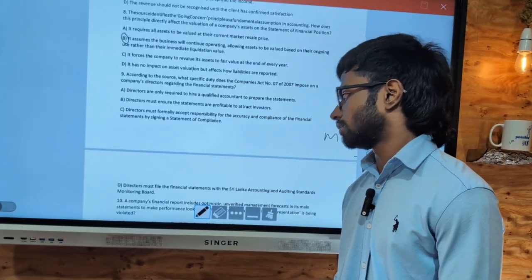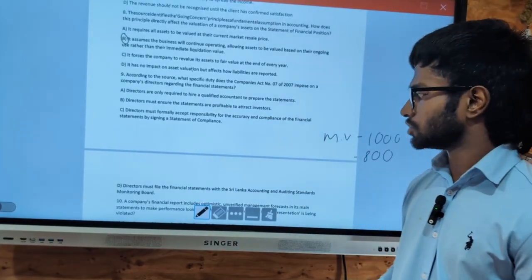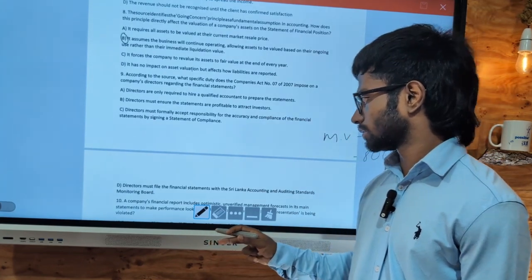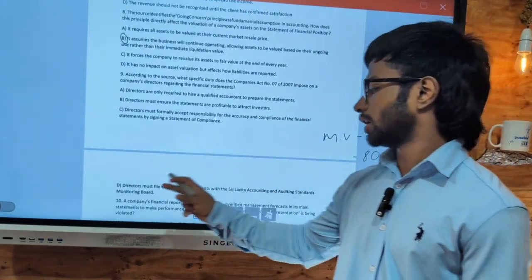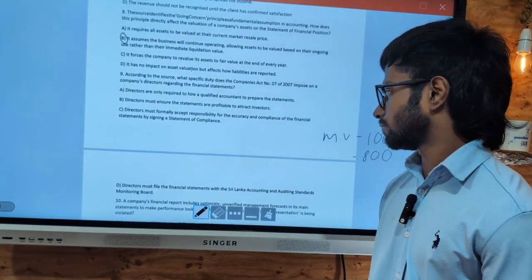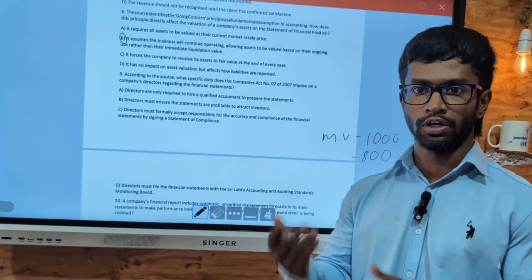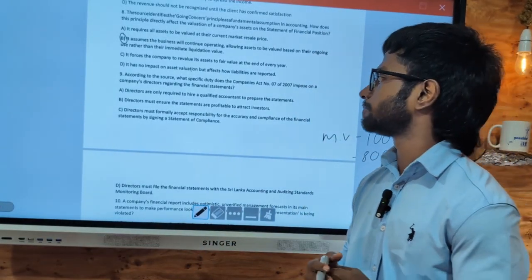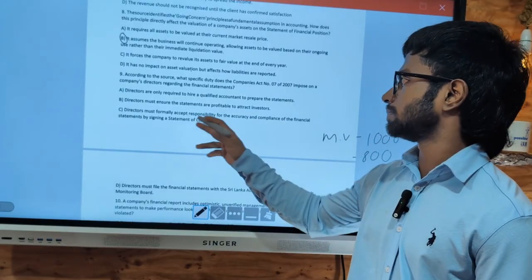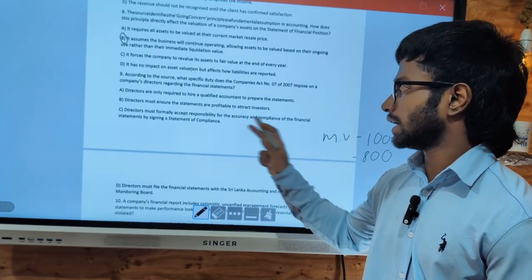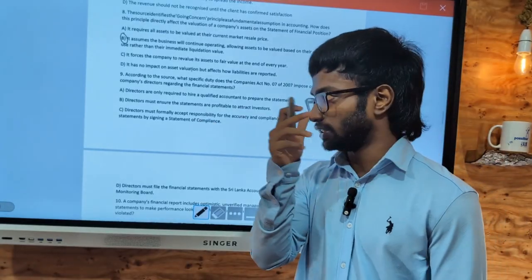Directors must file the financial statements with the accounting and auditing standards monitoring board. No, you don't have to file the financial statements with that board. You get an auditor, you do the audit, and then you publish that. But here, they should accept their responsibility for the accuracy and compliance by signing a statement of compliance. That should be the answer.